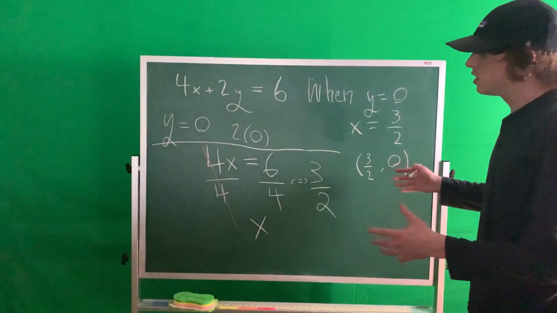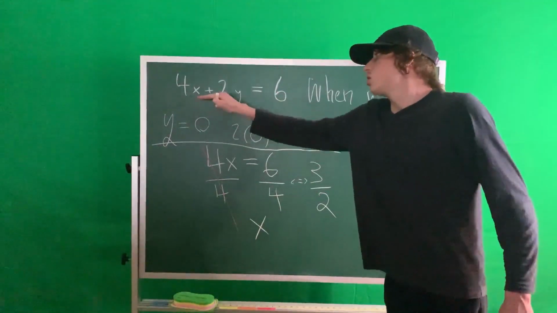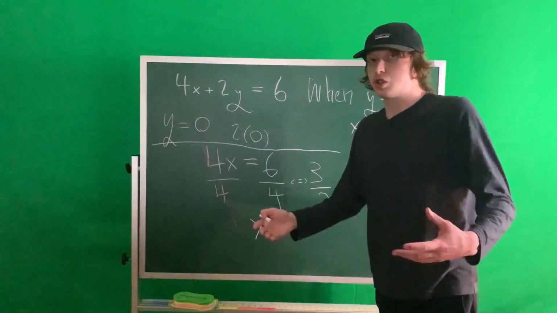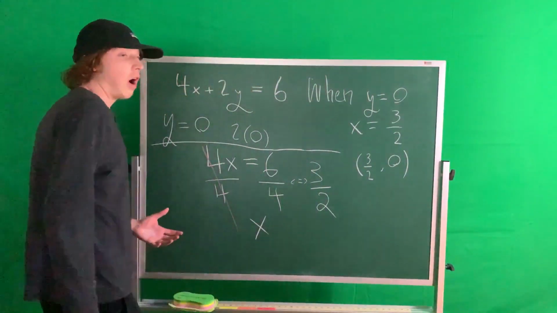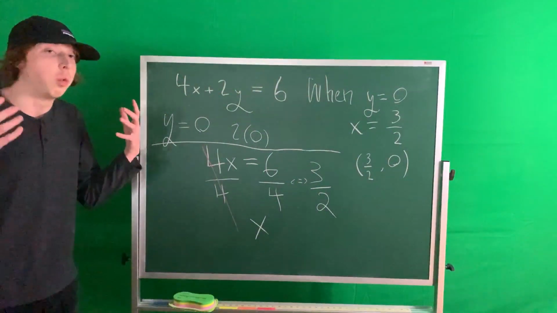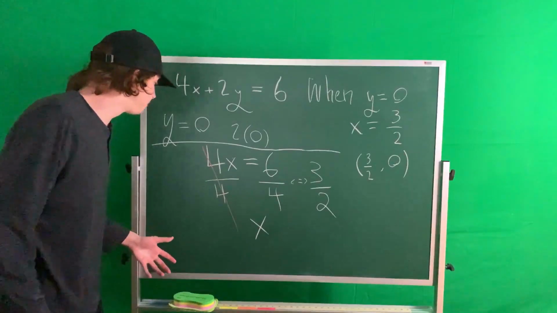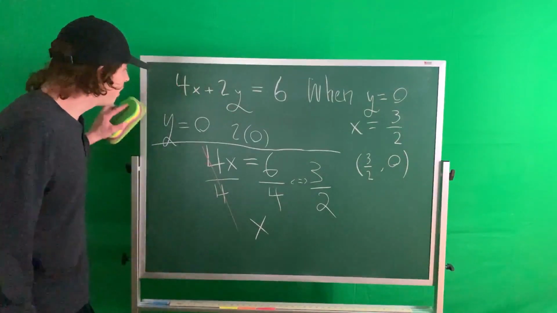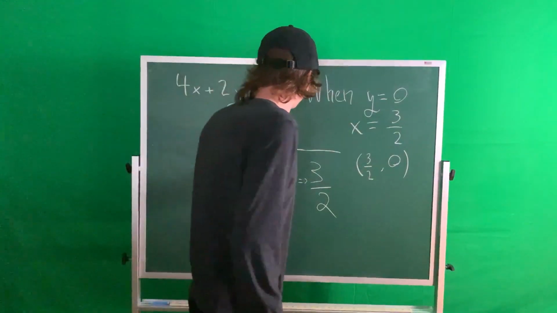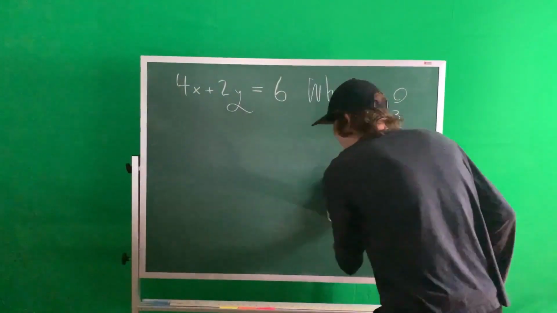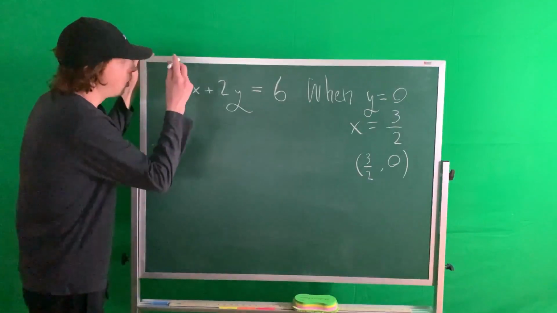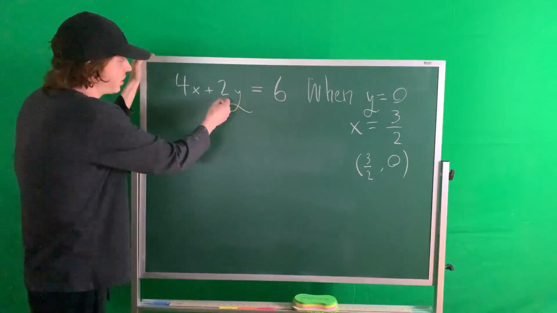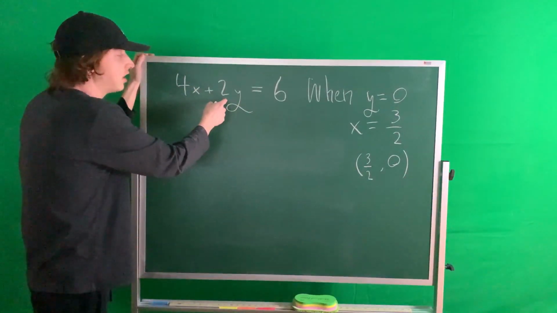And we're going to be looking at this two-dimensionally, because we have two variables. I'll show you what I mean in just a moment. So we found what x is when y is equal to 0. Now we need to find what y is when x is equal to 0. So I'm going to erase all of this. Alright, now this is all erased, we can look at this here, and we want to isolate this y.